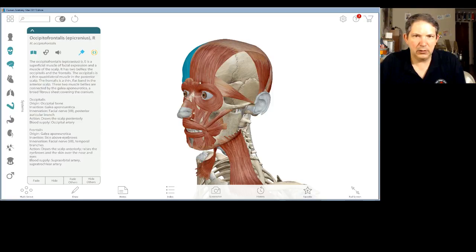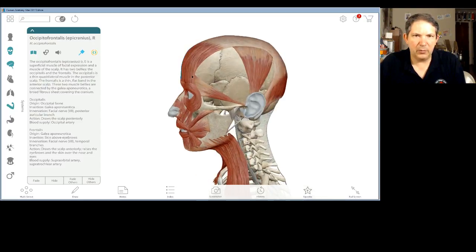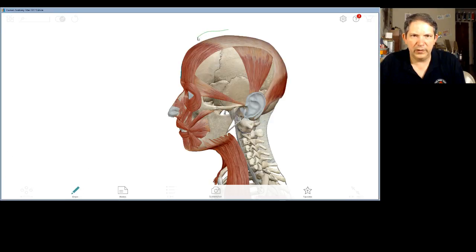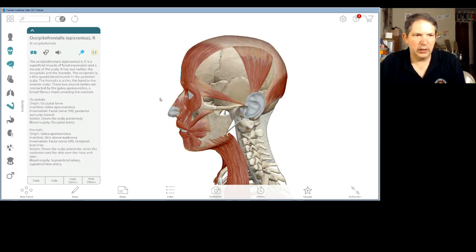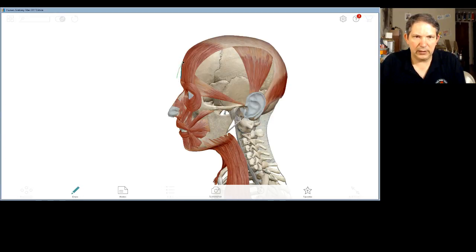The action is to draw the scalp anteriorly, so you can move the scalp this way by pulling, by contracting this muscle here. But mostly the action is to raise the eyebrows, right, and the skin. So the action's mostly this way. So it's a little confusing.